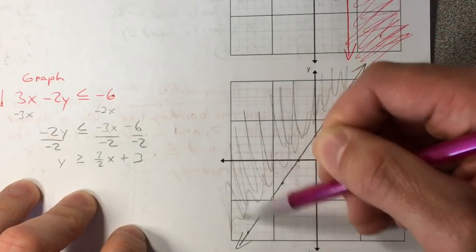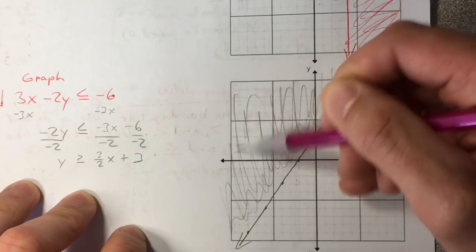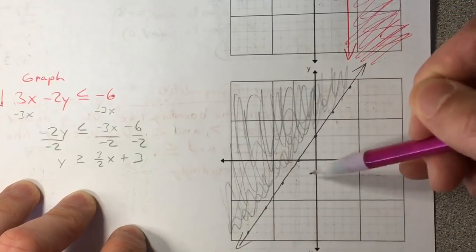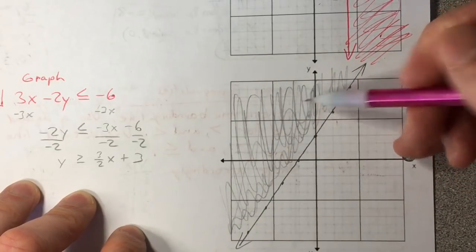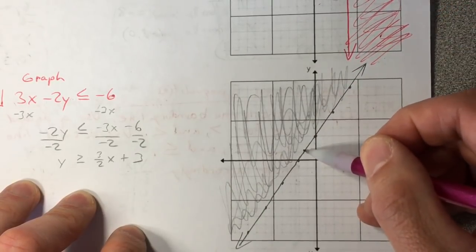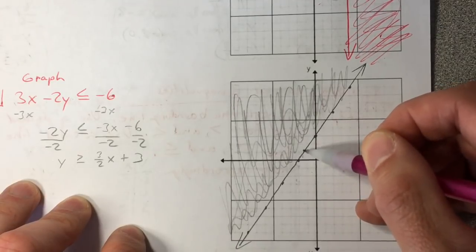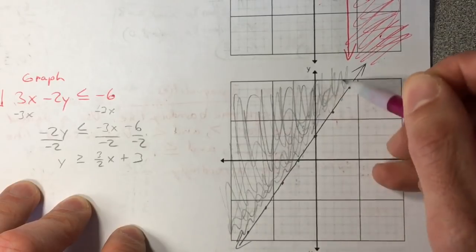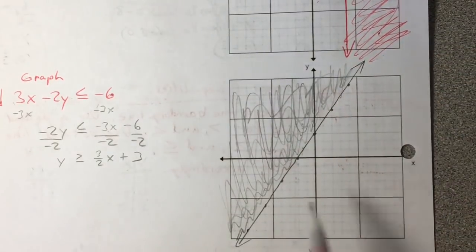Because I'm dealing with y, I want to think up versus down. Do I want to shade up or down? I want to shade up. So just go right there on the line and move up. Greater than, up. Boom, you got it.